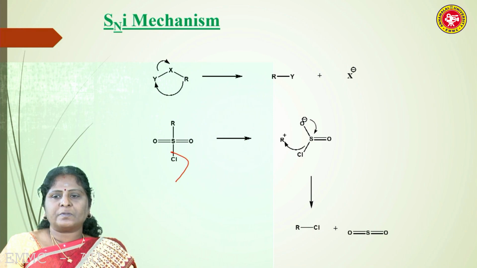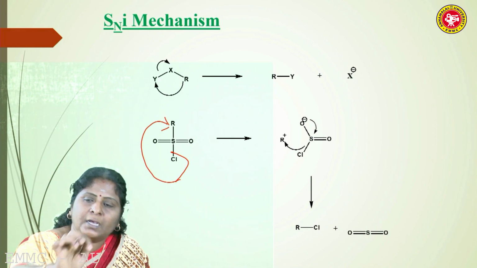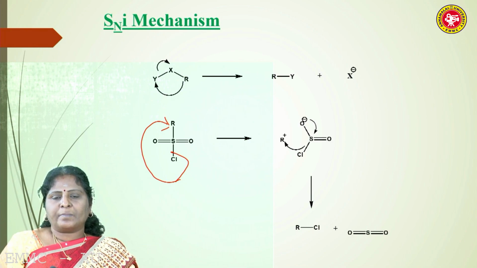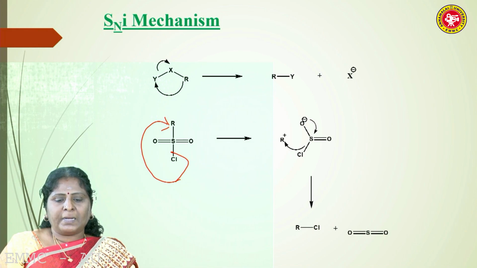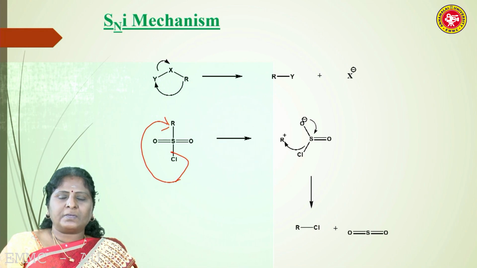So part of the leaving group, the Cl minus, gets detached itself from the sulfur atom, and then it gets introduced into that incipient carbocation, that means the carbocation which is going to be formed, which gets attacked by that Cl minus ion, so that a new compound RCl will be formed. Since the attacking species chlorine minus departs only from that leaving group, there is only one chance for that nucleophile to attack, so that here that attack is always from the front side.